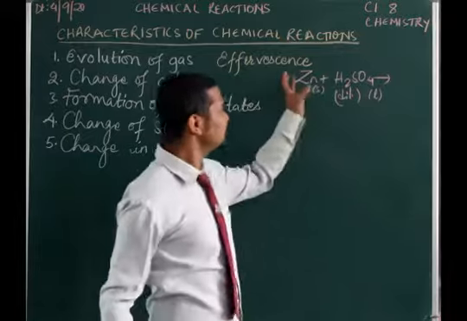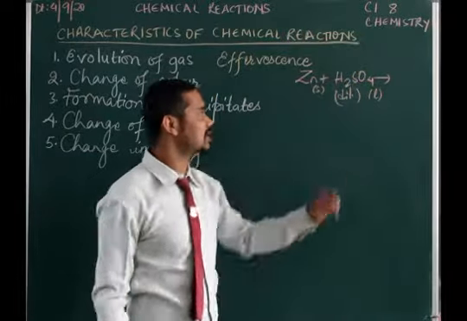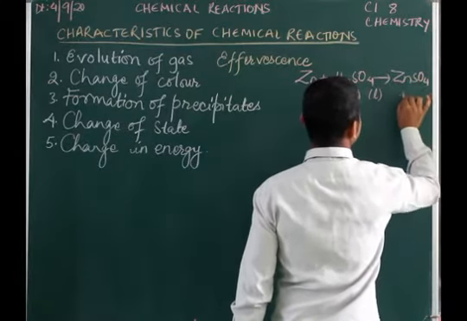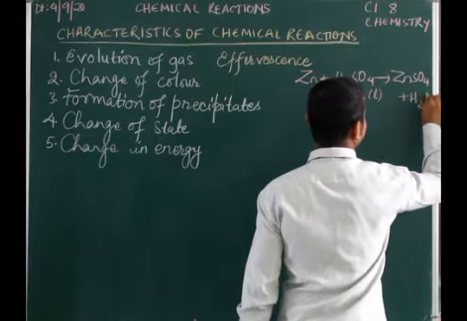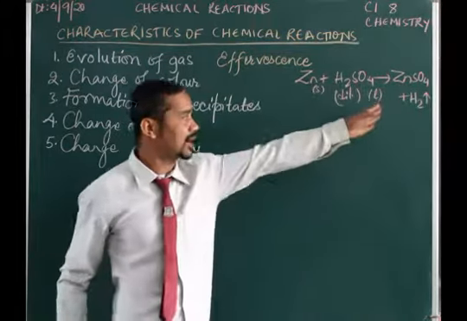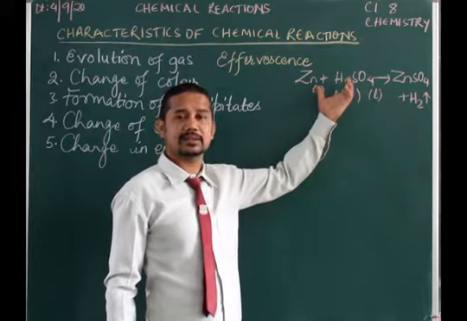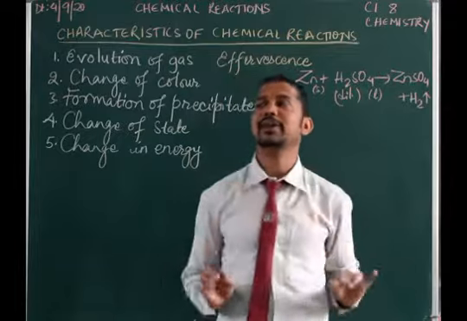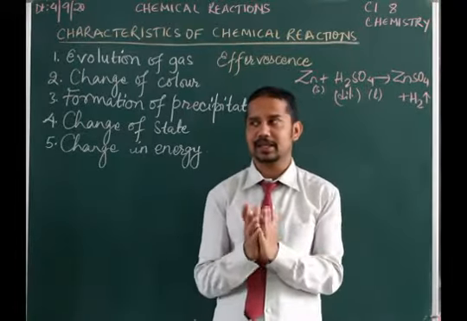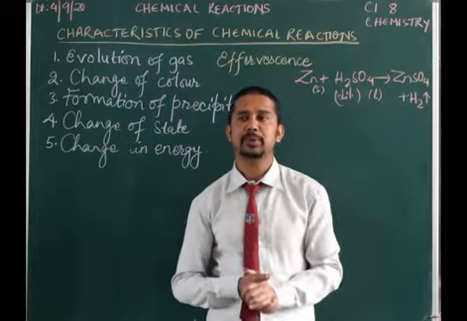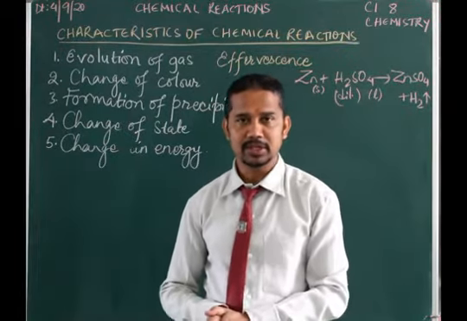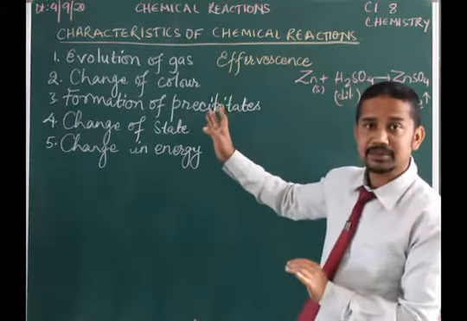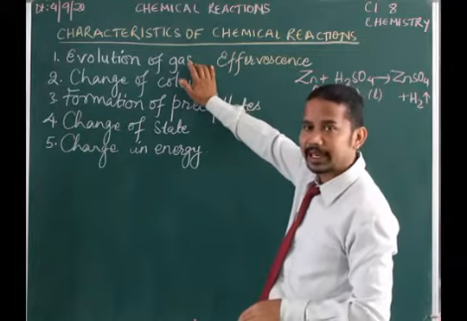When you put the zinc granules in sulfuric acid, you will get zinc sulfate plus hydrogen gas. So the bubbles that are coming up are hydrogen gas. Initially there was no gas. In this evolution of gas, we are not adding any gas, and a new type of gas is coming out. We can check the properties also, which we will learn later. But now we are talking about the characteristics of chemical reactions. So number 1 is evolution of gas.